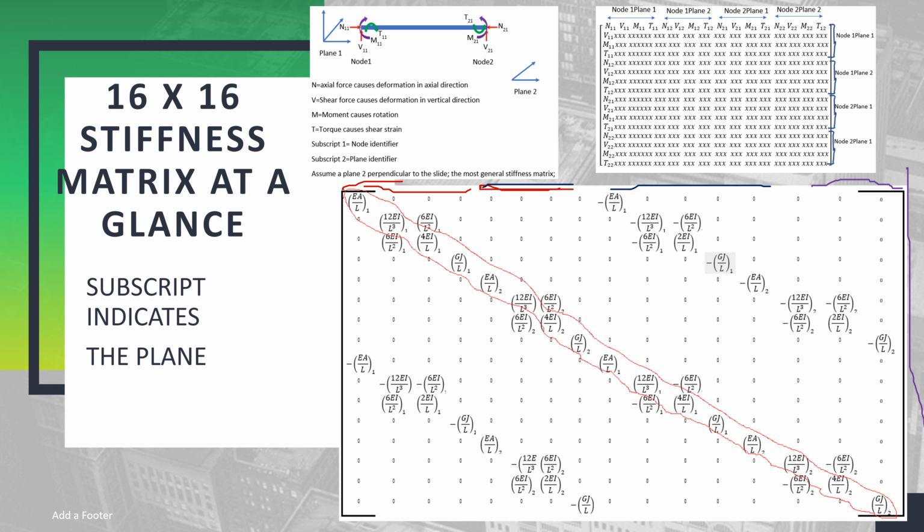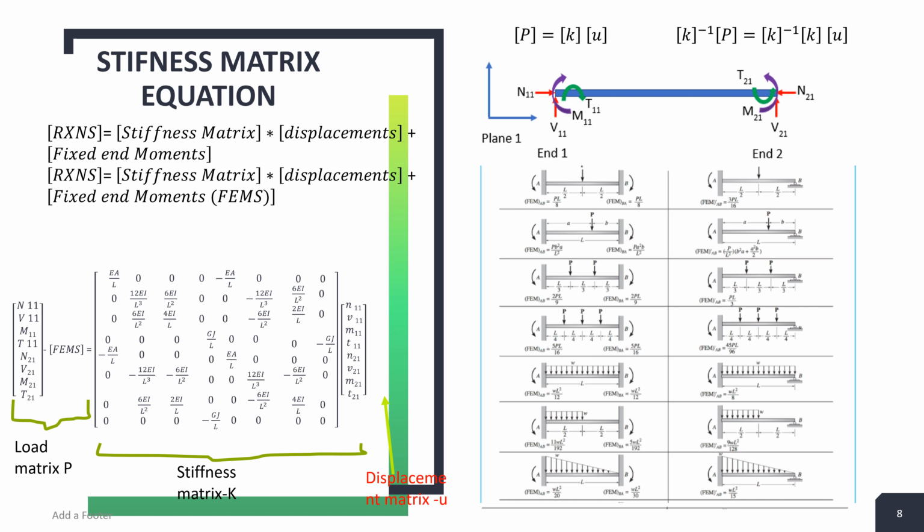Even the previous matrix we discussed is symmetrical. If you check this matrix about the diagonal, it is symmetrical.